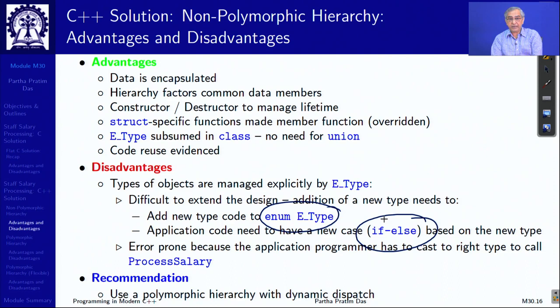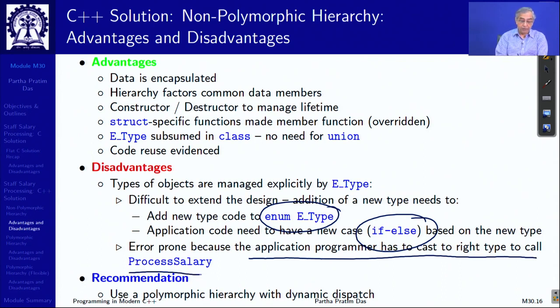If I make any mistake, that is, the application programmer has to cast to the right type to call the process salary. So, a lot of risky things are still remaining.